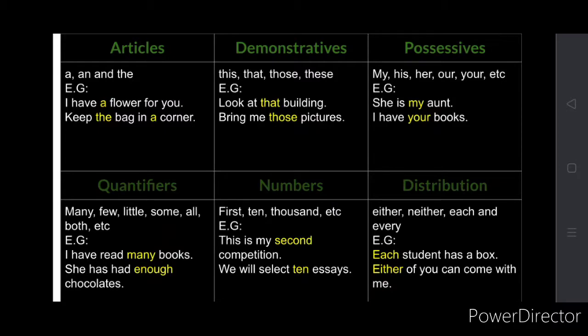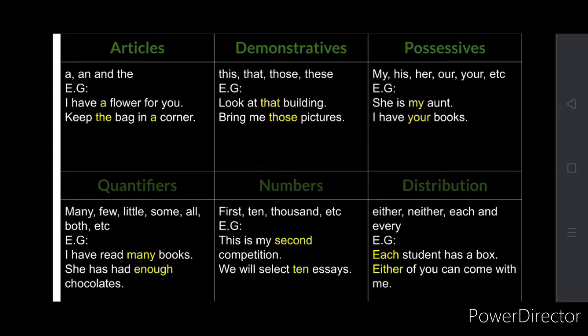Now the next one is quantifiers. Quantifiers tell you about the quantity of that noun, but without using numbers. They don't use numbers directly. They use words such as many, few, little, some, all, both, couple, etc. These are not really numbers, but they give you the size or amount of the noun.